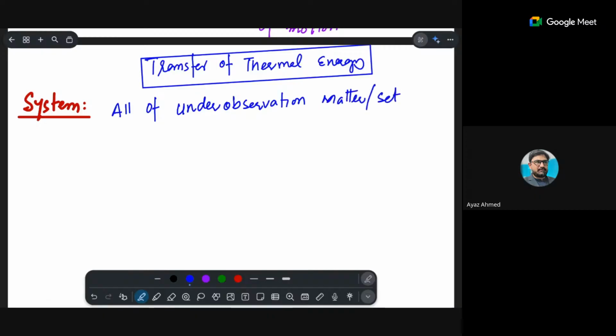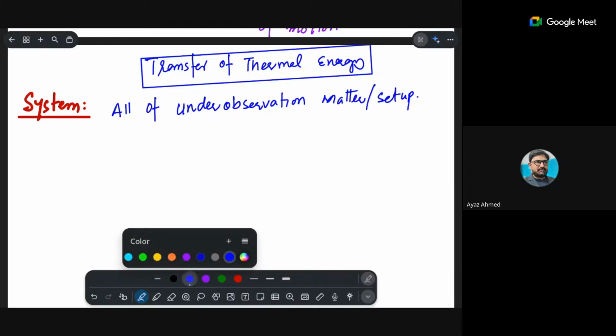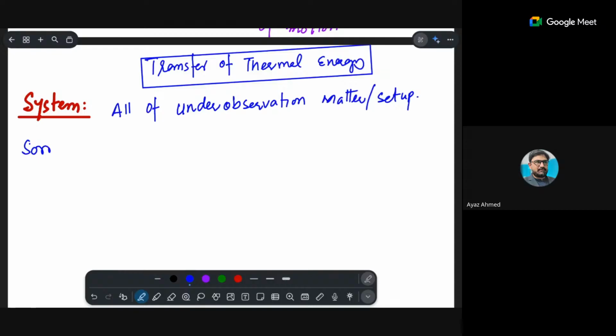Whatever you have under observation, that is your system. And what about the surrounding? Everything other than the system is your surrounding.